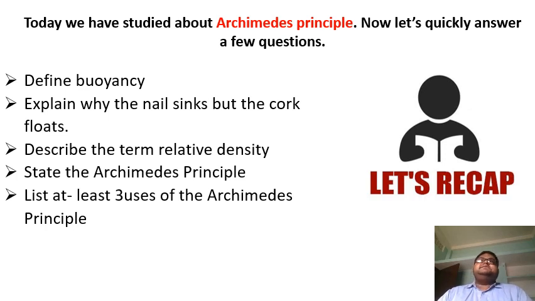The nail sinks because the water displaced by the nail is less in comparison to the weight of the nail, so it sinks. But the cork displaces more water than its weight, therefore it floats.